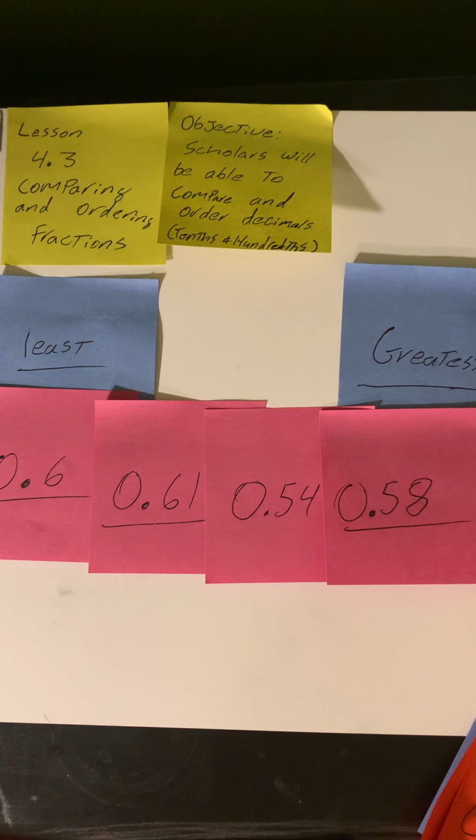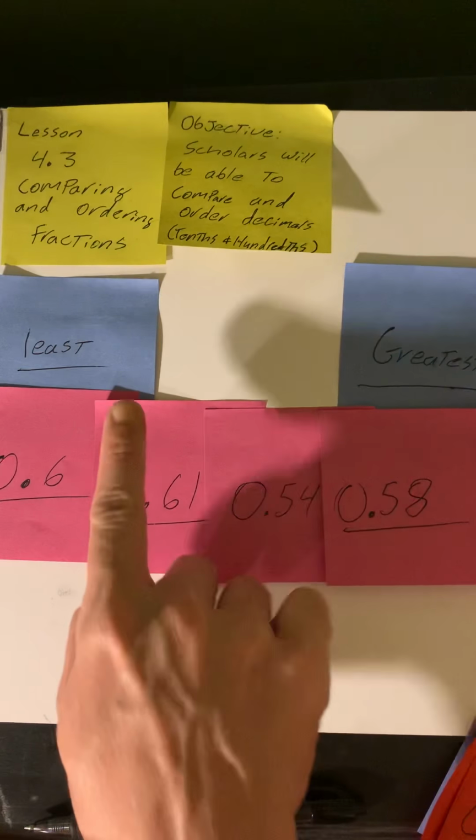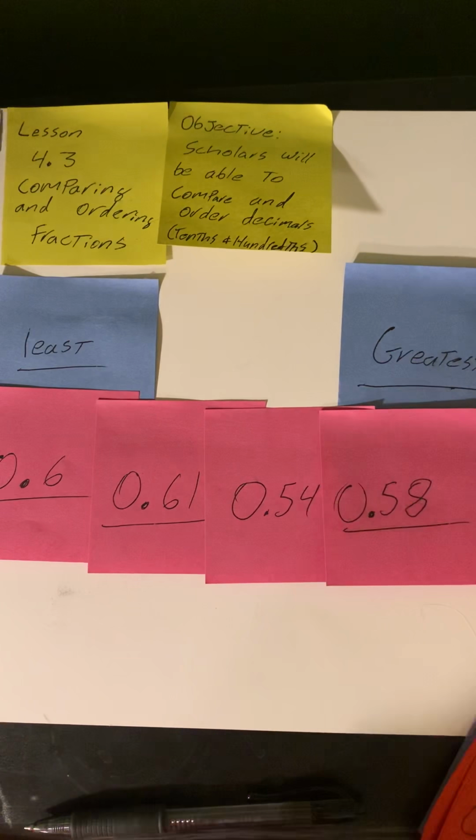On your piece of paper that you have in front of you, organize these 4 numbers from least to greatest.